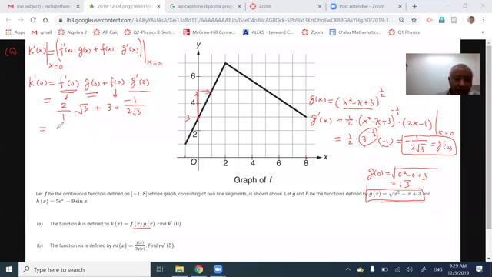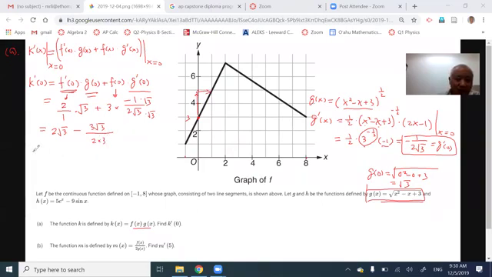Now you multiply numerator and denominator by square root 3 to rationalize. So you have -3 square root 3 over, this is a 3 at the bottom, so 2 times 3, right?